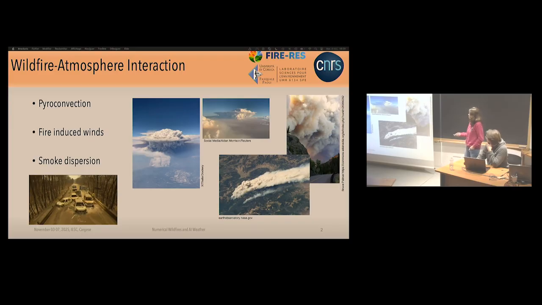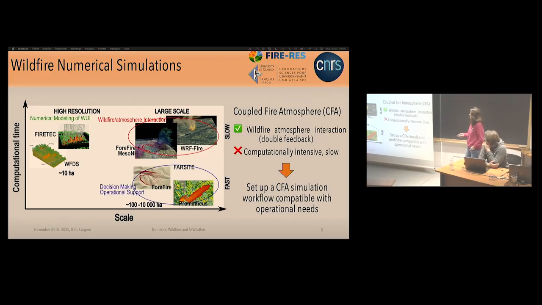In the next slide, I'm showing, just to recall, that we have many types of wildfire modeling. We have seen different modeling approaches today. We have the very small scale detailed models that are used to model wildfire urban interfaces. But here I'm talking about big wildfires, so we are at the scale of tens and hundreds of hectares.